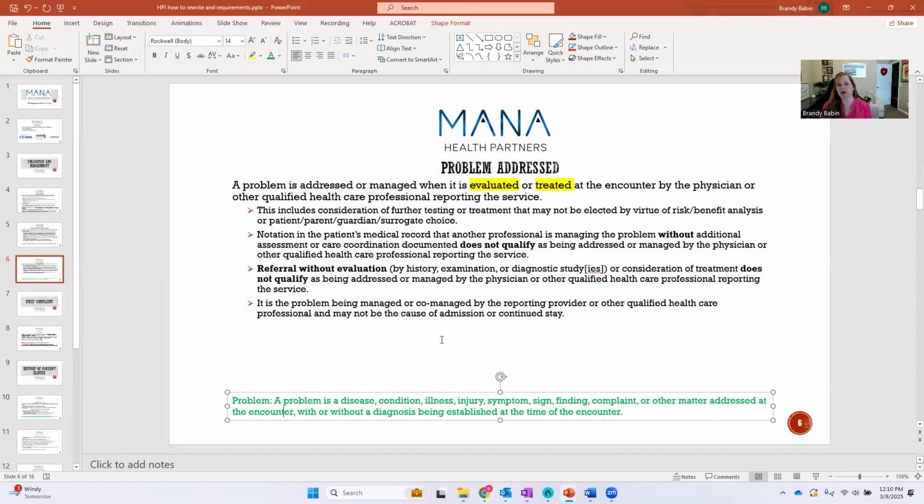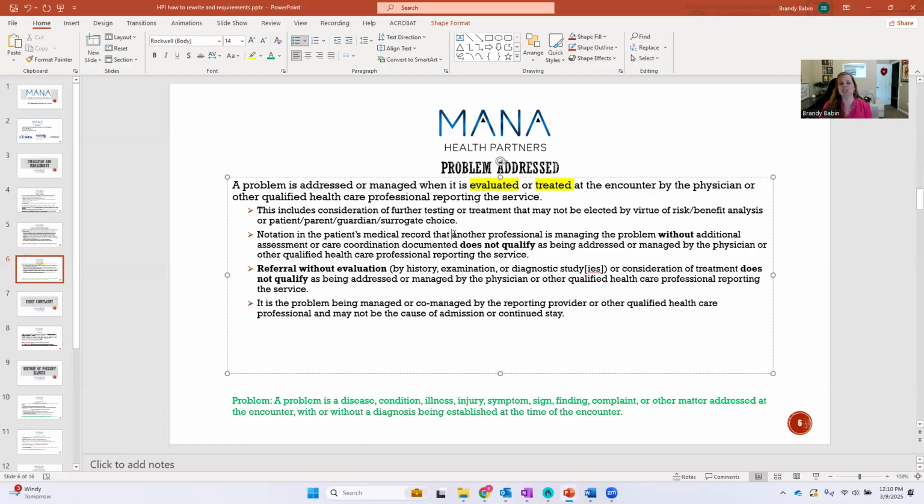So we've talked about this during new hire orientation, that we're looking for problems that are evaluated and treated by us. So, for an example, anything that is requiring further testing or treatment that we're going to take credit for.